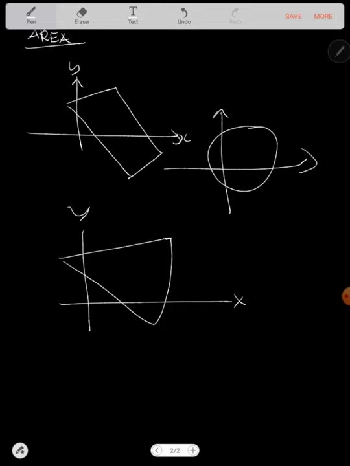So today in this video we'll be looking at how you can calculate the area of a triangle. Given points, you know that a triangle is going to have 3 points.